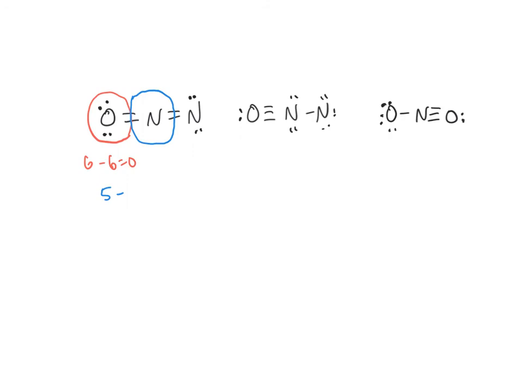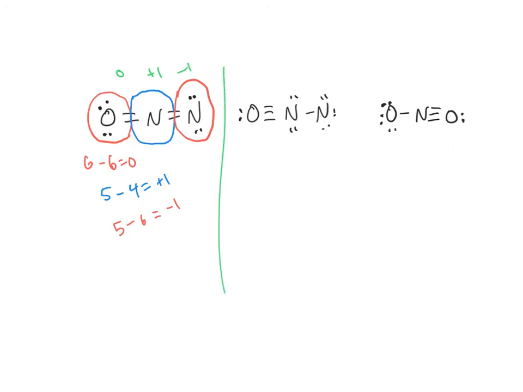You got half of a double bond, that's 2, and you have 2 of those, so it's 4. So that's plus 1. And then this one, nitrogen, 5 by itself, minus 2, 4, 6 electrons inside the circle, so it's negative 1. So you get 0, plus 1, negative 1.